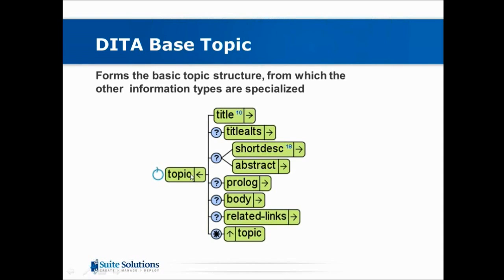And you'll see each of the leaves of the nodes of this tree, or really elements of your document, expand, but this is really the basic structure. And from this basic structure, all of DITA is specialized out to create the base topics we spoke about, the task, concept, and reference, and all of the other different types of topics that exist.